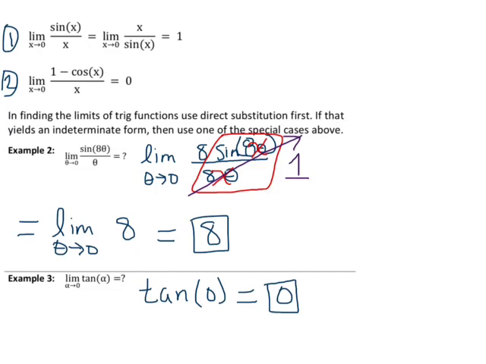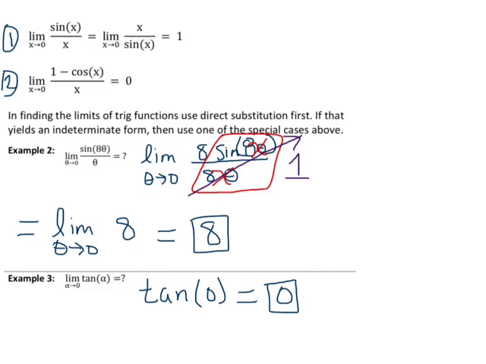So when you're working with limits of trig functions, you're probably going to have to refer to these special cases, or you're going to have to manipulate them in some way so that you can get them to appear like one of these special cases. Another tip for limits of trig functions is that you're probably going to have to incorporate the use of algebra, so probably the difference of two squares and some other factoring techniques as well.